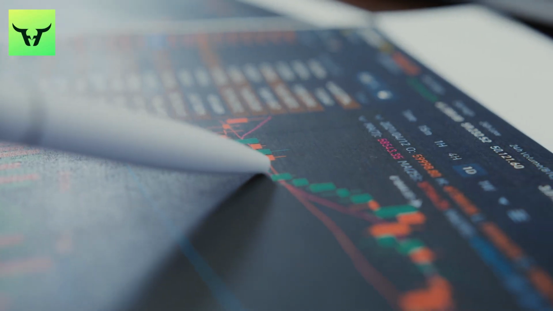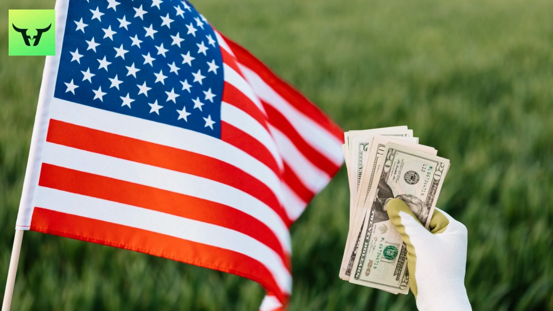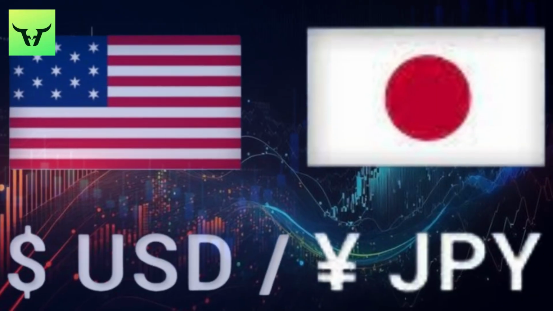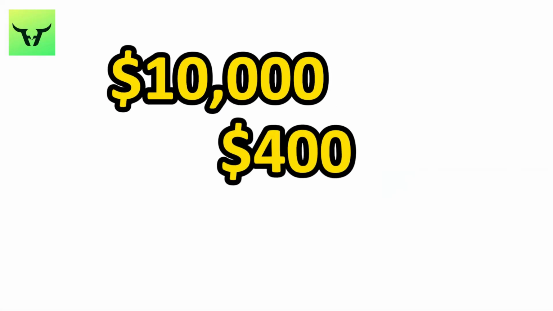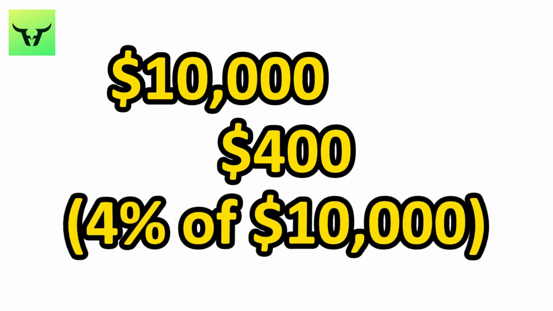Assuming your trading account is denominated in USD, your account's currency is US dollars. The required margin will be $400. For example, if you're trading USD JPY and the total transaction value is $10,000, you'll need $400 in your account, 4% of $10,000, to open the position.